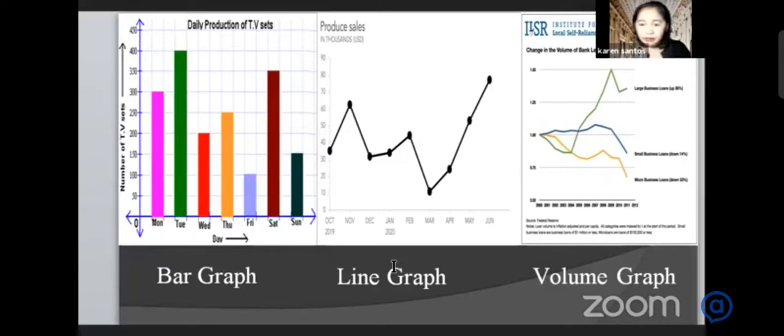And the volume graph is a graphic that shows the earnings or losses of a company in relation to the volume of sales. That is the difference between the bar graph, line graph, pie graph, and the volume graph.